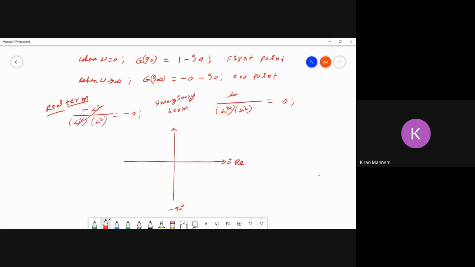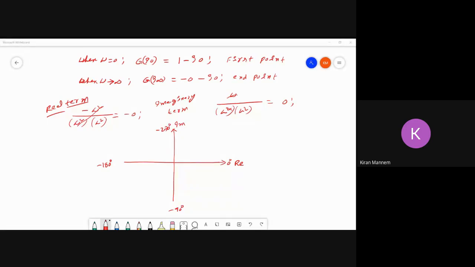This is imaginary, minus 180 degrees, minus 270 degrees. I got something in the chat box. Sumant gave some answer, it is 0 minus j0. It's wrong, Sumant. You should consider the negative value. It is 1 minus 2 omega square. And Kiran Kumar also said minus 2 plus j0. Sorry, both are wrong answers.